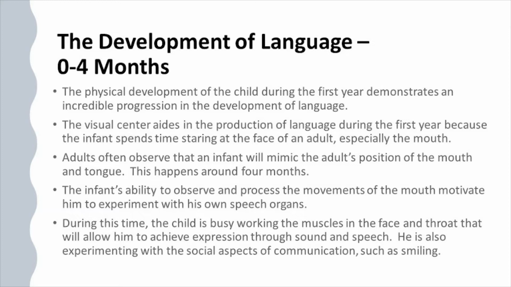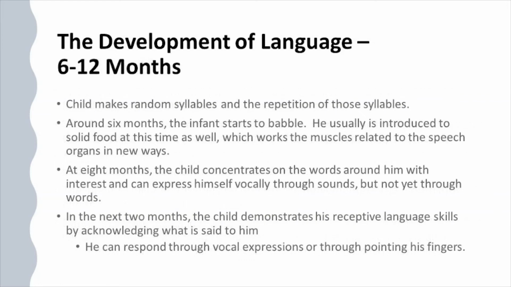So all of these things are part of language development. The social communication, the development of the speech organs, and also the auditory and visual centers are all combined to create language.